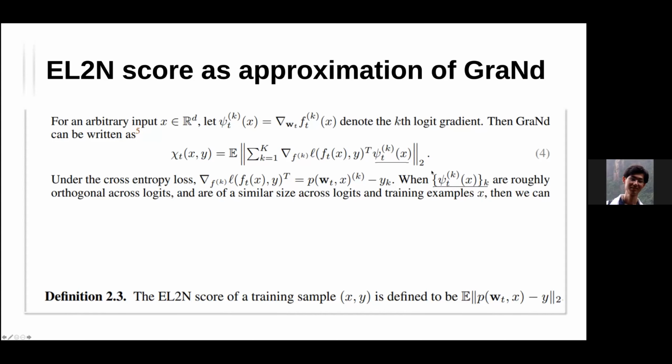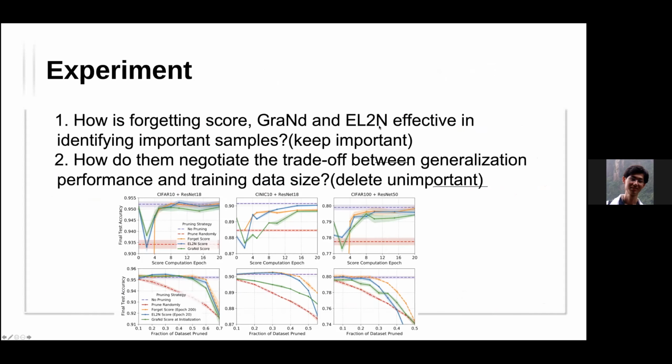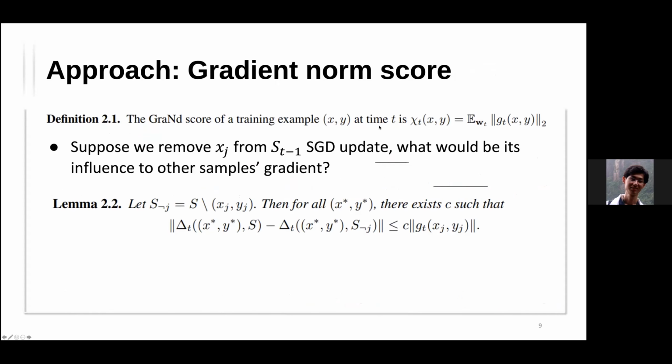The point is, can you use one simple sentence to describe the rationale or the approximation? Can you go back to the previous slide? Yes, in the previous slide.